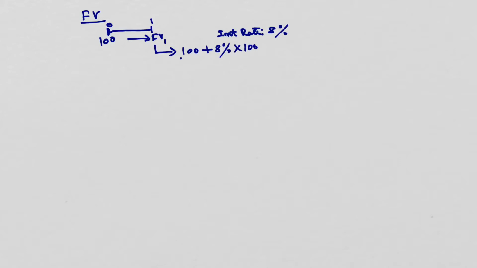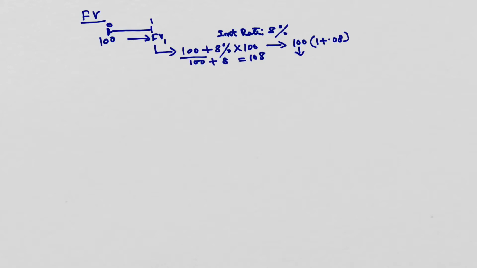Okay, so you have your principal 100 plus your interest, and what you get as future value after 1 year is 108. Now here you could write this as, if you say 100 is common here, 100 times 1 plus your interest rate.